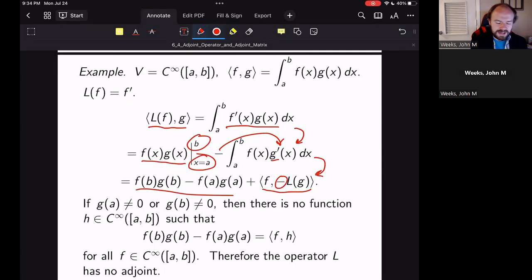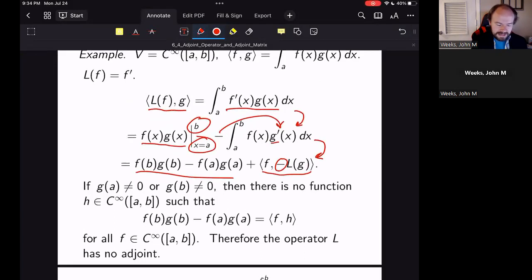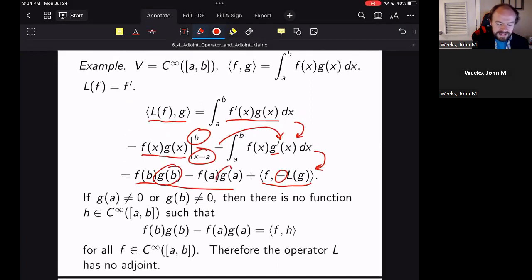And we're taking the inner product of f and L of g. Now, if g of a or g of b is not equal to 0, for example, if we're looking at any kind of function where this ends up being a non-zero constant for some values of f, well, then there's no way for us to be able to write this value as its own inner product, right?